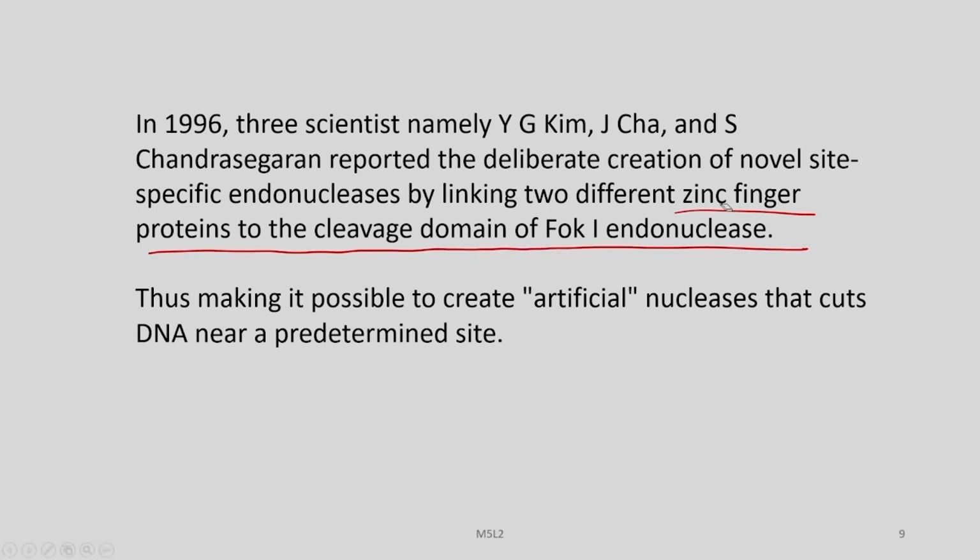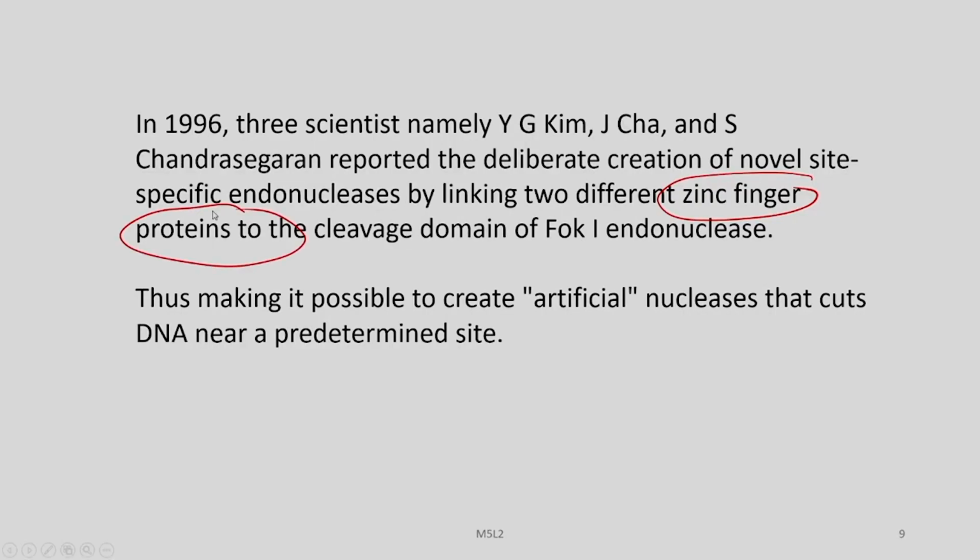So, they had earlier found out that the binding domain and the catalytic domain of FOK1 are in two separate domains, and if you divide them into two different domains, the catalytic activity is retained. So, to this catalytic domain, they joined zinc finger proteins to create a new type of specificity. So, it became possible to create artificial nucleases that cut DNA near a predetermined site.